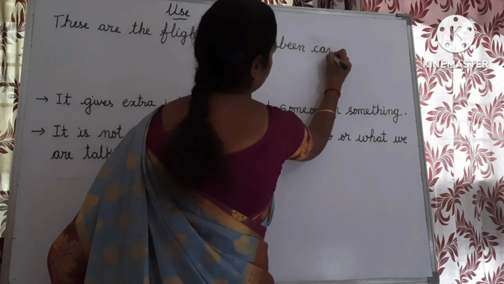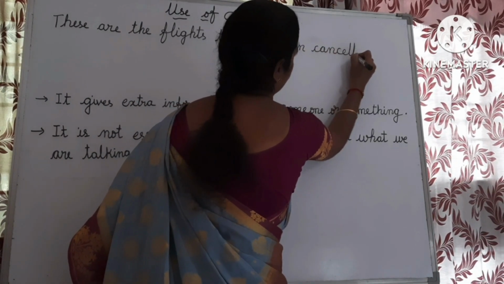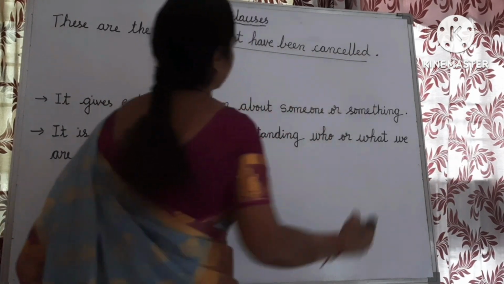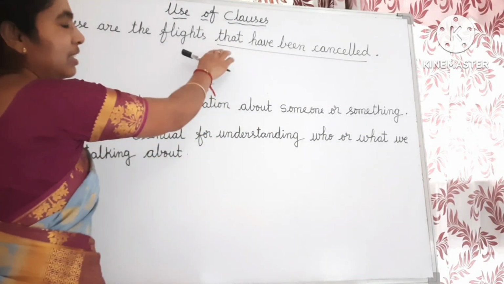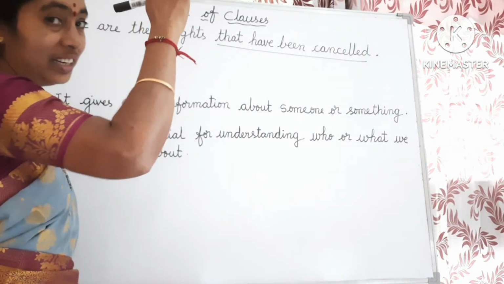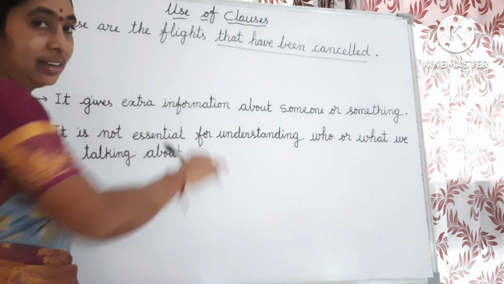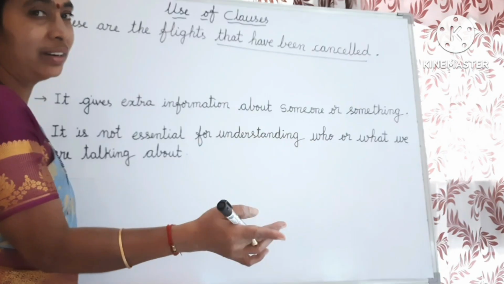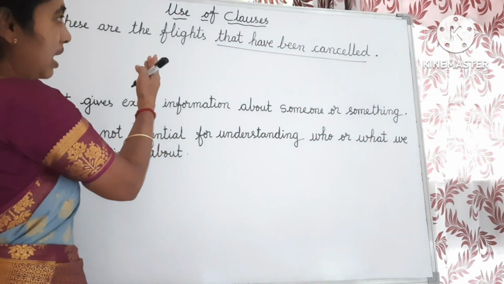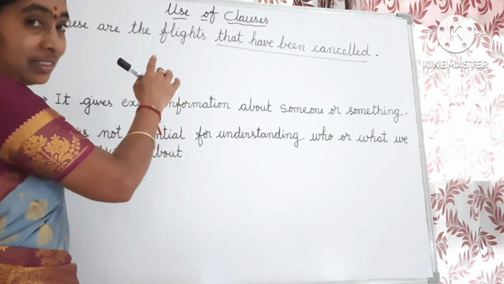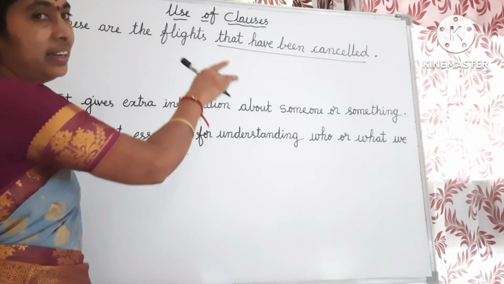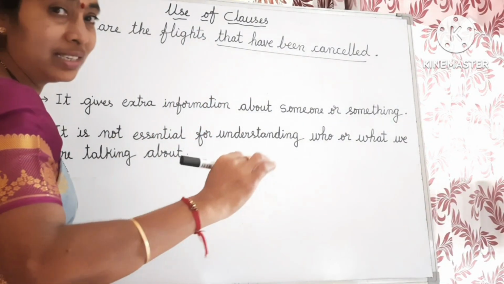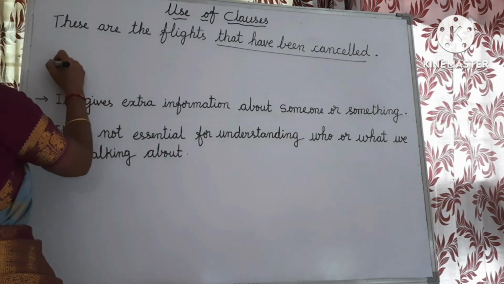The underlined part in this sentence is that have been cancelled. We have to find what type of clause it is. It starts with that, which is a relative pronoun, so it is called a relative clause. But we have to find whether it is defining or non-defining. See, commas or parentheses are not there in this sentence, so it is a defining clause.